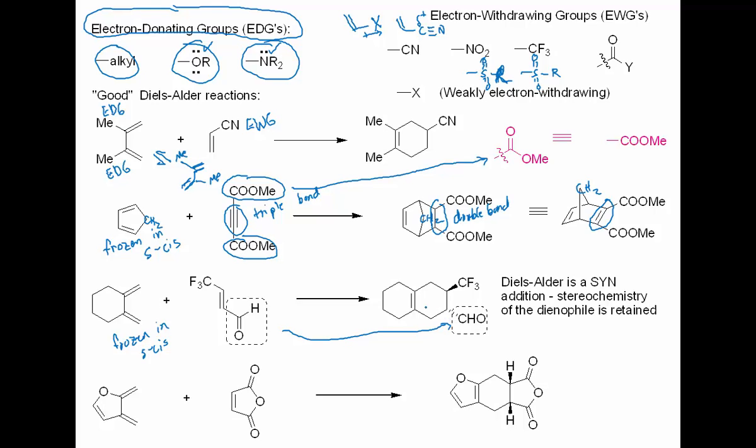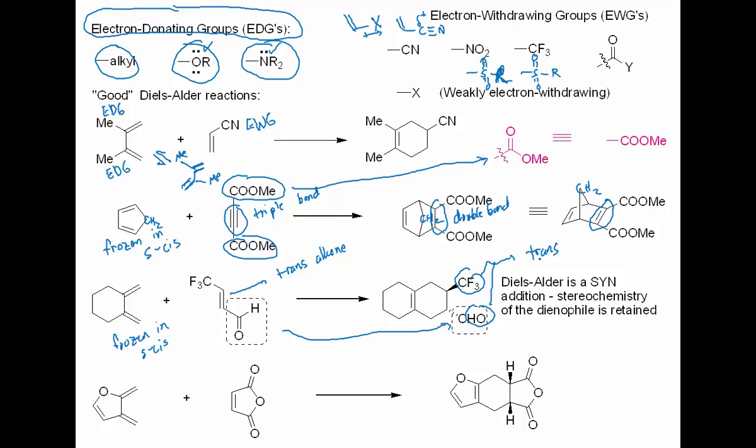What you should also note in this reaction here is that the alkene is the trans alkene. So the Diels-Alder, we say, is a syn addition. You're going to retain the stereochemistry. These groups were trans in the starting material, and they're now trans in the product.